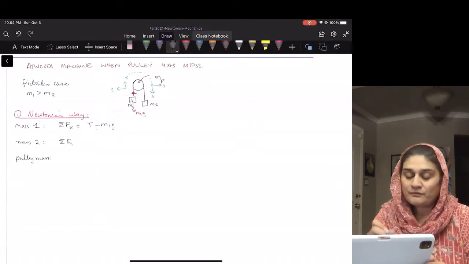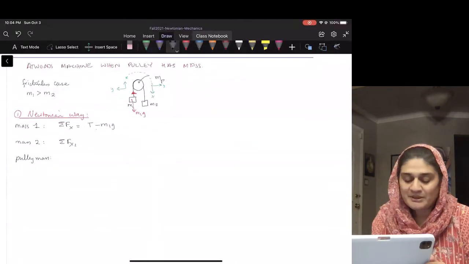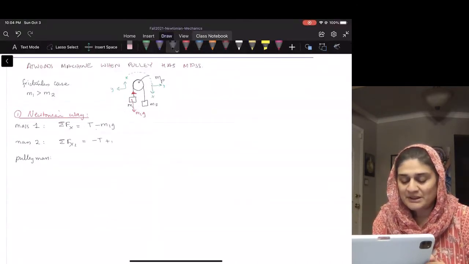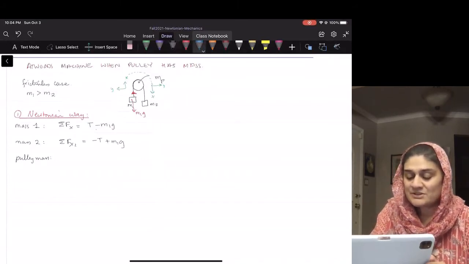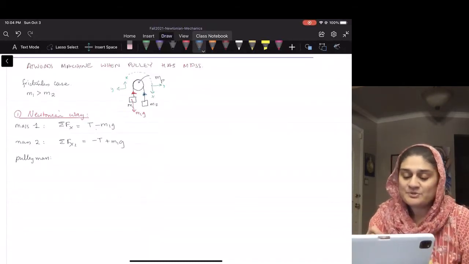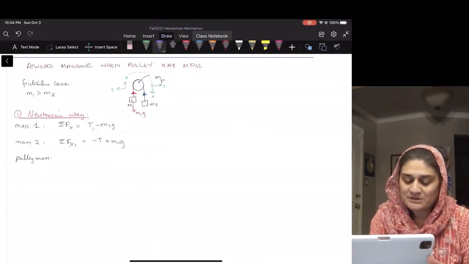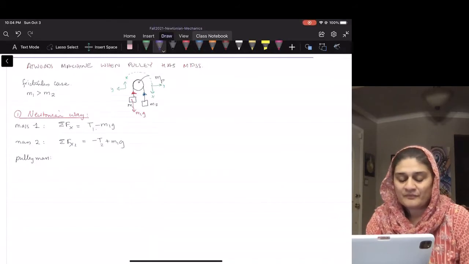For mass 2, it will be sigma Fx2 equals minus T plus M2g, because the tensions will point again upwards. So let me put a subscript T1 and T2 for now.